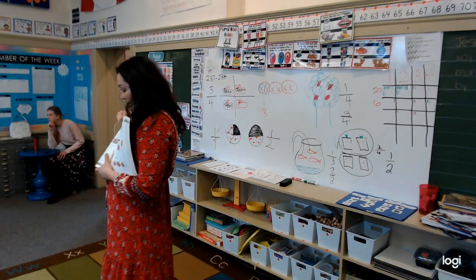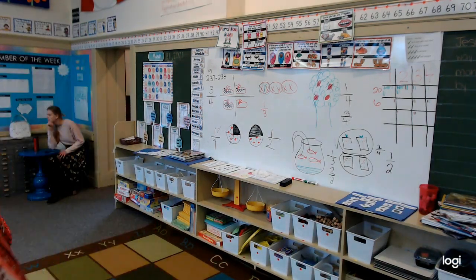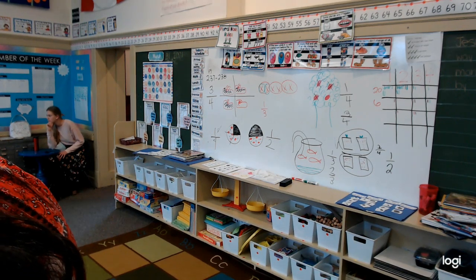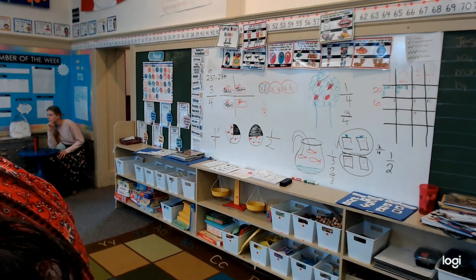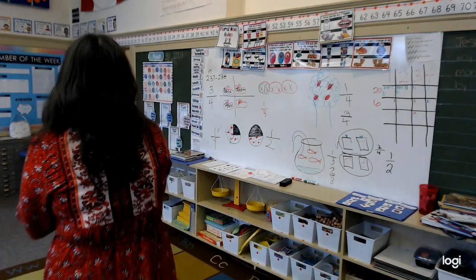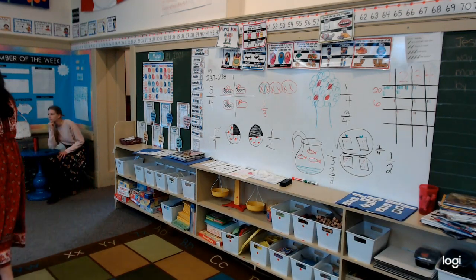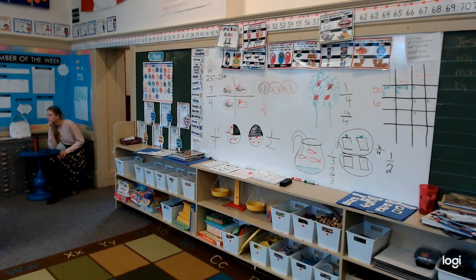In the bottom one? June, you need to be following along. How many grapes are in the bunch? 4. So I need you to write that there. Next part of the question says, if Amari pulls off 2 grapes, what fraction of the grapes are left in the bunch?